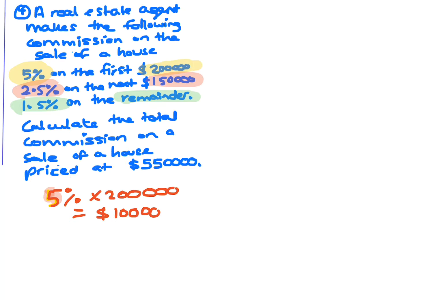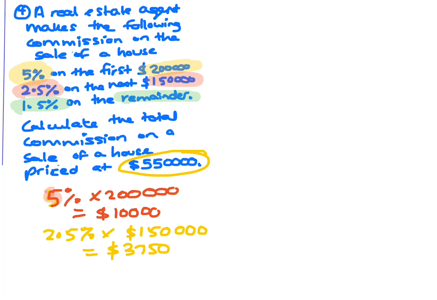Then you get 2.5%, so 2.5% times the 150,000. So 2.5 shift percent times 150,000, which is 3,750.